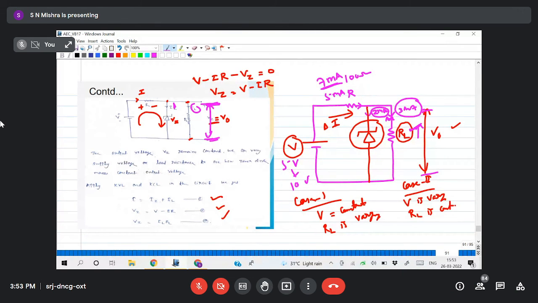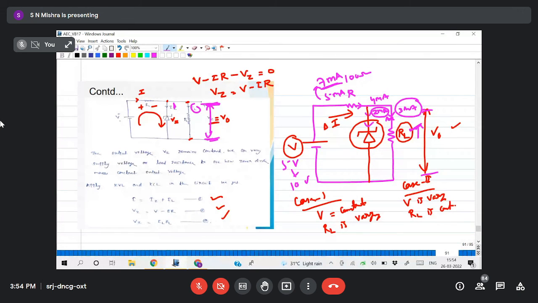So how much current will flow across the Zener now? Tell me how much? 2 is already flowing. Extra 2 milliampere is flowing. That extra 2 means 2 plus 2, 4 milliampere current will flow to the Zener. So the voltage across the Zener will not change, and the output voltage remains constant.